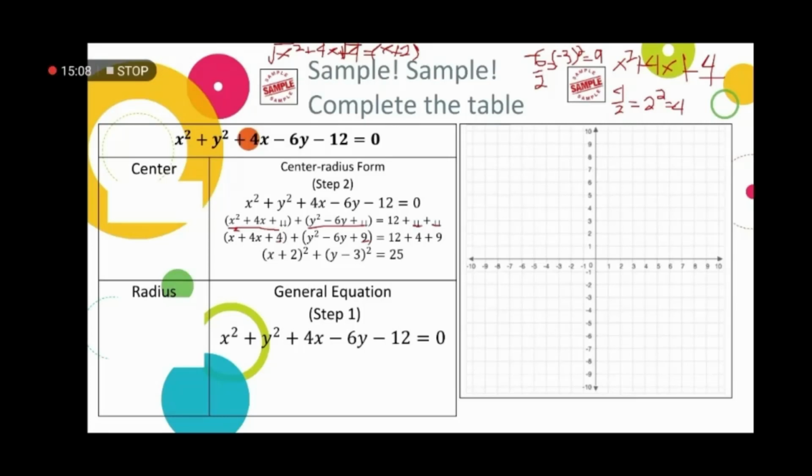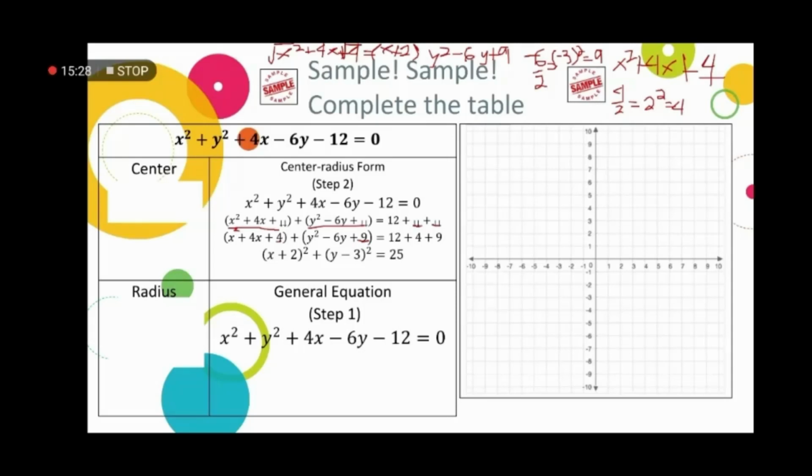The other technique, for example, on the second term, y squared minus 6y plus 9. As you can see, we have this negative here. Yes, we will follow that negative.